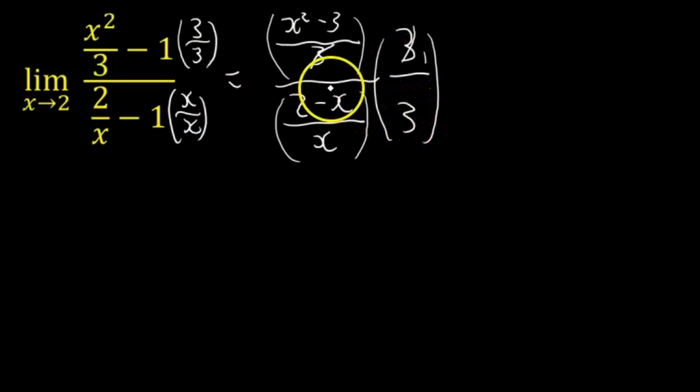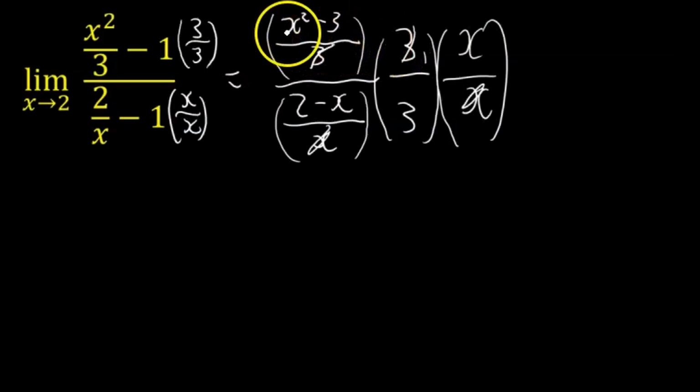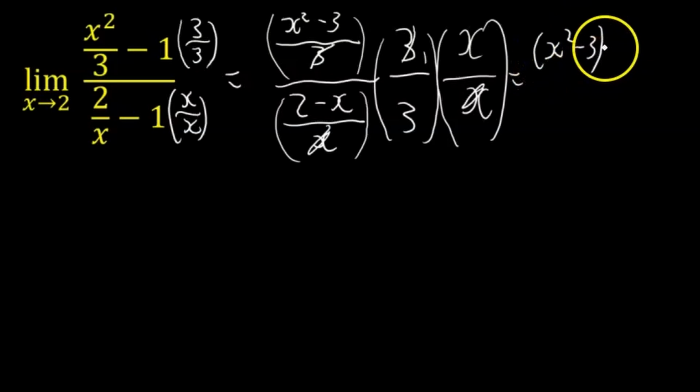This 3 doesn't cancel, of course. Now we want to get rid of this x, so we'll multiply, whoops, not 3, but x, the top and bottom by x over x, so that this x cancels with this x here. And we're left with a numerator of x squared minus 3 times x, divided by 2 minus x times 3.